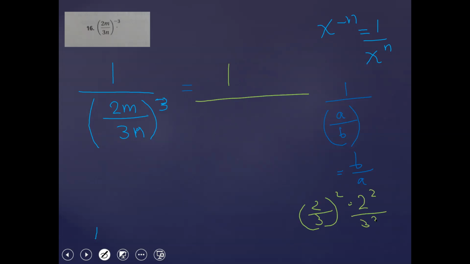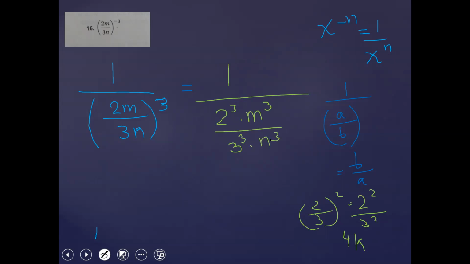Like this, I will distribute the power into the denominator and the numerator, and it will be 4 over 9. Here we have the same. It will be 2 cubed times m cubed over 3 cubed times n cubed.